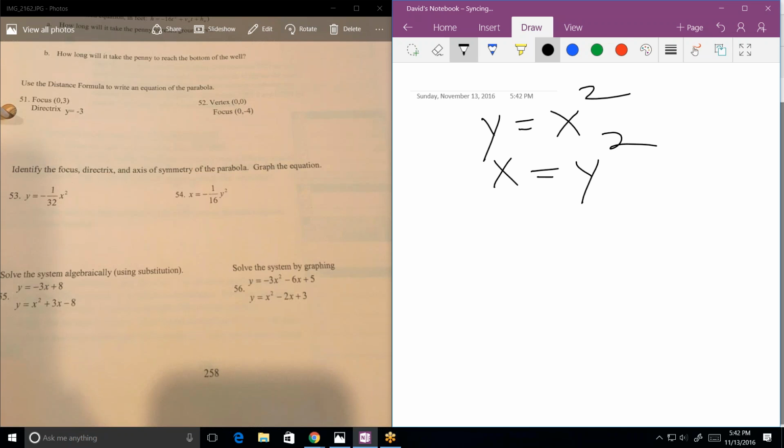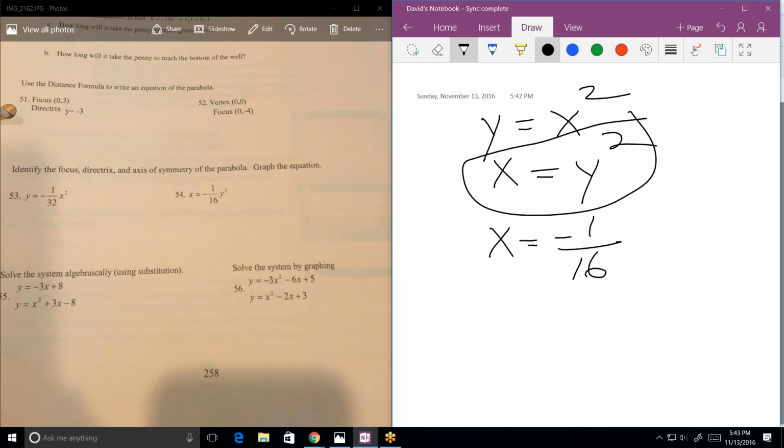In other words, you have to recognize when you're looking at a horizontal parabola. And the thing to look for is if the squared variable is y, it's not the same as what you've been looking at your whole life. So this has to be horizontal. Other than that, that's all we need to know.